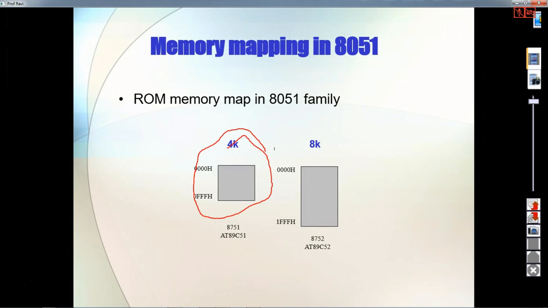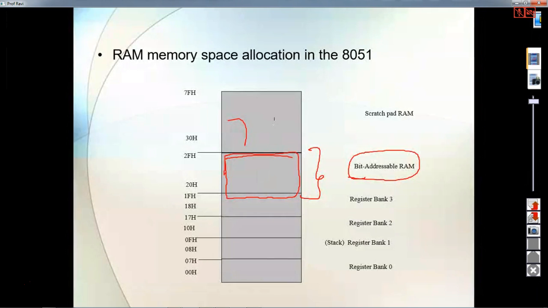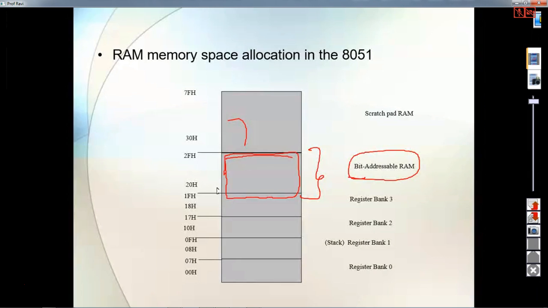And the RAM is this memory, 00 to 7F. This is the memory you can use, and in this, 20 to 2F is bit-addressable.